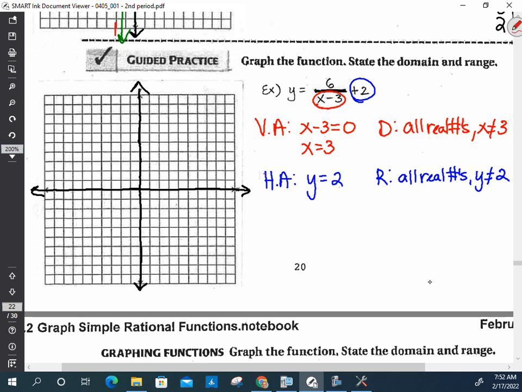Vertical asymptote: go to your x-axis, go to 3, draw your dotted line. Horizontal asymptote: go to your y-axis, go to y equals 2, draw your horizontal line. So there's your vertical and horizontal asymptotes.